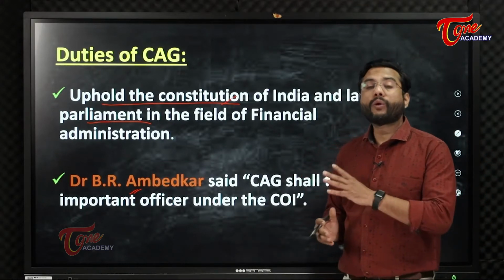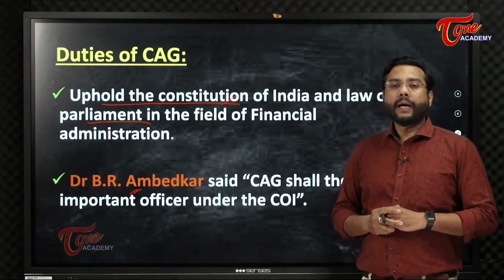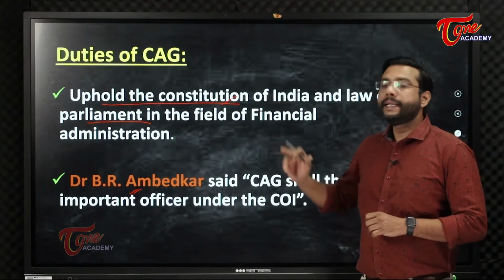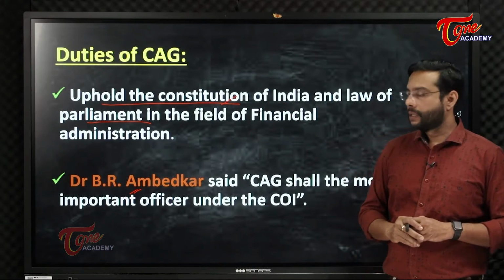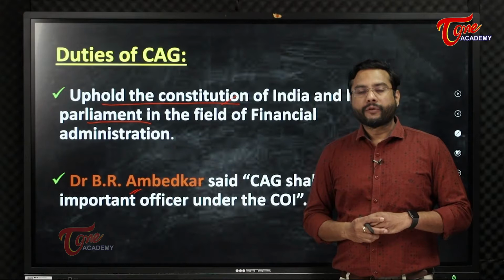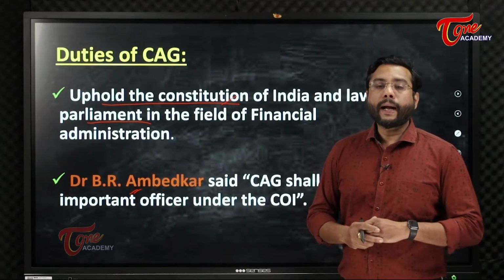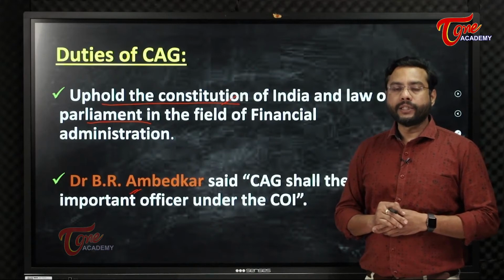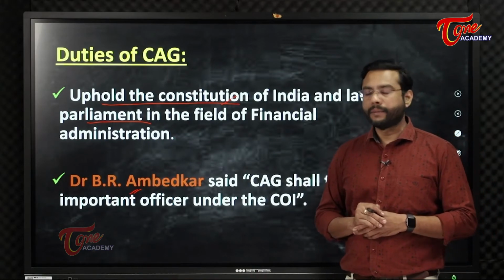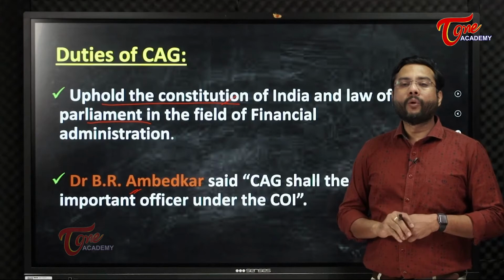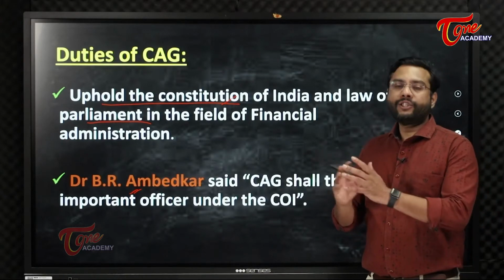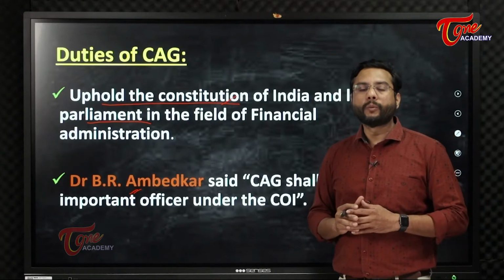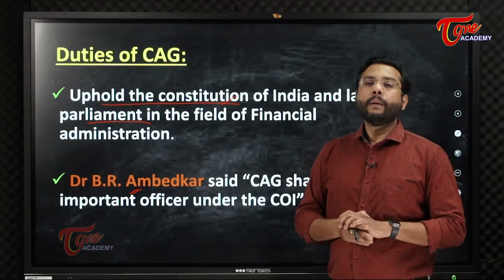So these four are important offices under the Constitution of India, and the CAG is one of those four pillars, the others being the Election Commission of India, the Supreme Court and the UPSC, that is a central recruiting agency which upholds the merit system. And CAG upholds the financial system of the country. The CAG is assigned the work to protect and guard the public purse.